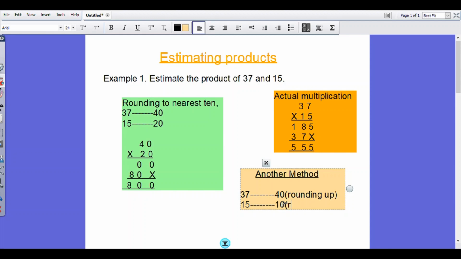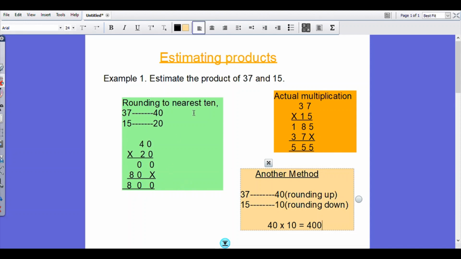Now the product of 40 into 10. You know 40 into 10? It is 400. So directly I write 40 into 10, yes, 400. Now see, this 400 is much closer to the actual multiplication, that is 555.